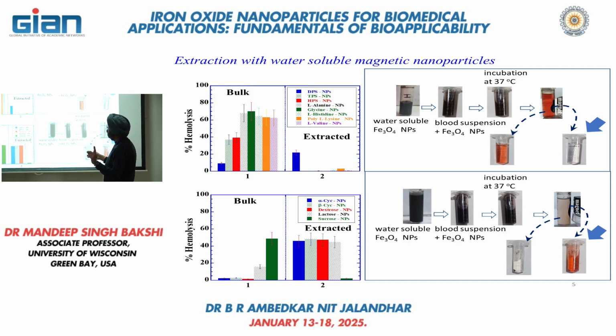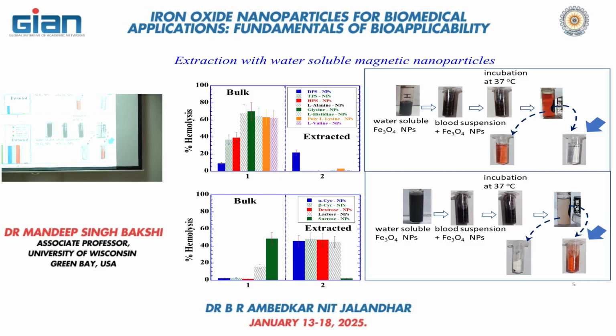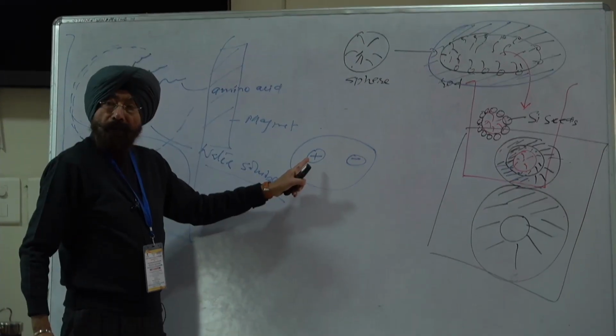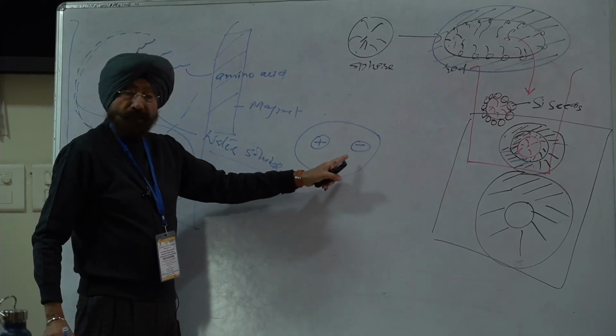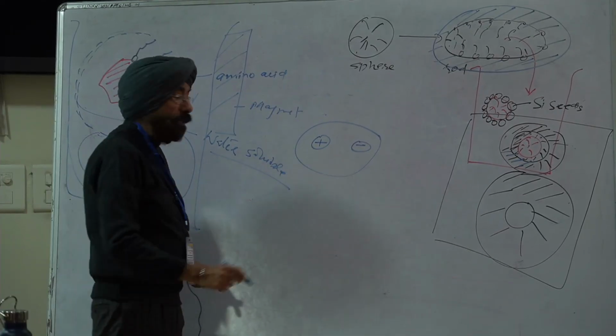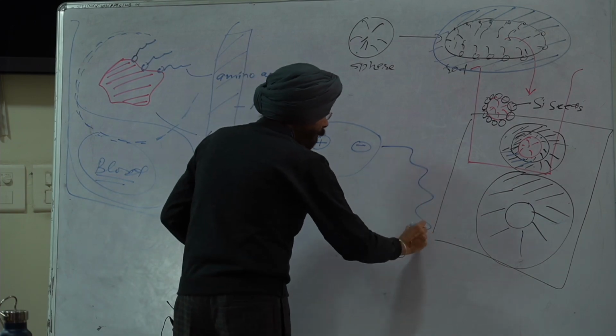This is the zwitterionic surfactant. I have shown only the abbreviated form of the name of the zwitterionic surfactant. Why did I take the zwitterionic surfactant? The reason is that the zwitterionic surfactant has a polar head group containing both the amino as well as the acid group, because it is zwitterionic, and there is a hydrocarbon tail.